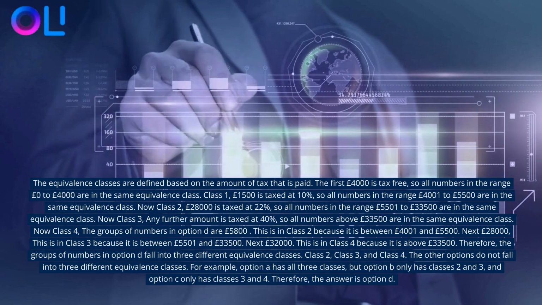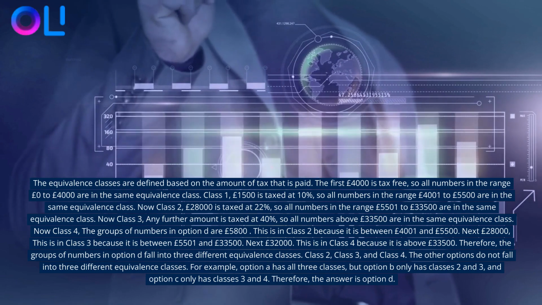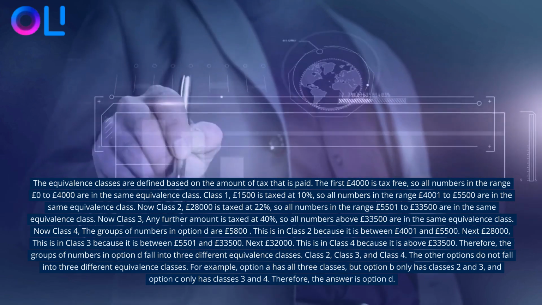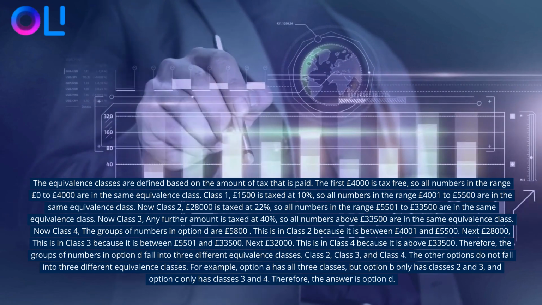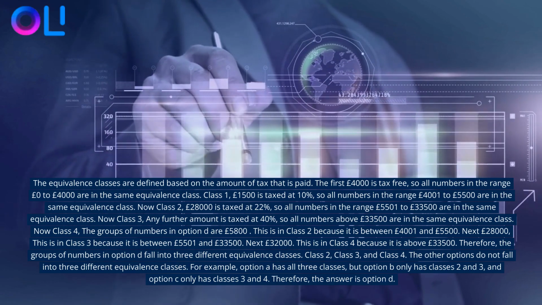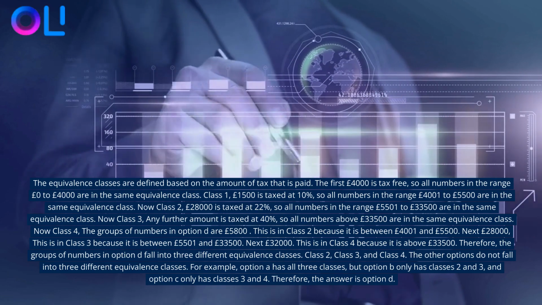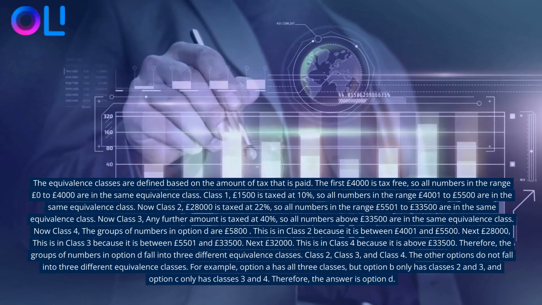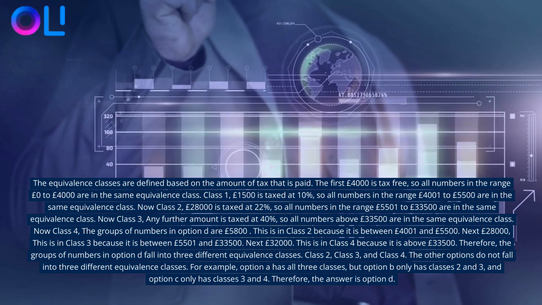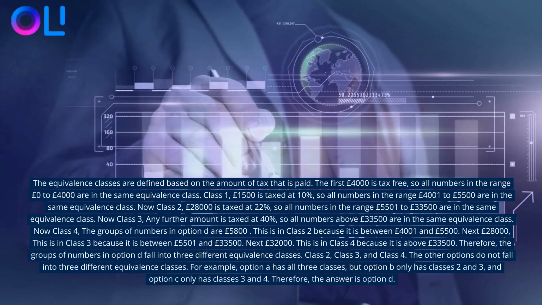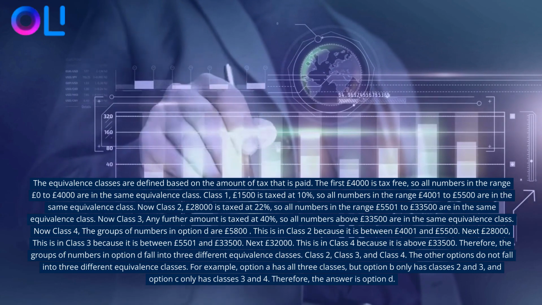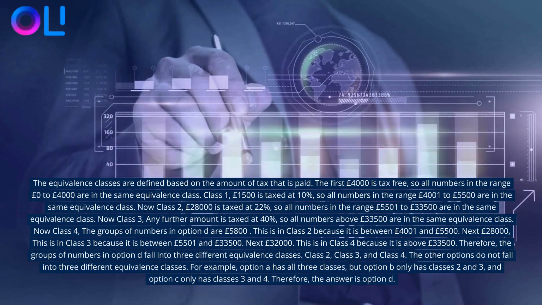The groups of numbers in Option D are £5,800. This is in Class 2 because it is between £4,001 and £5,500. Next, £28,000. This is in Class 3 because it is between £5,501 and £33,500. Next, £32,000. This is in Class 4 because it is above £33,500.